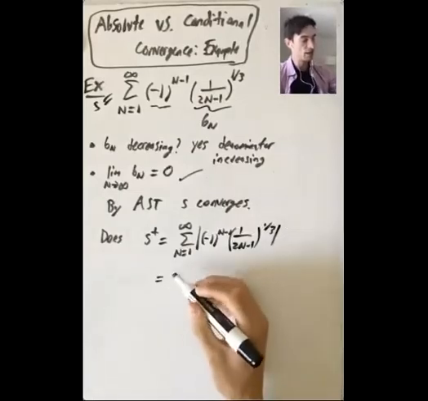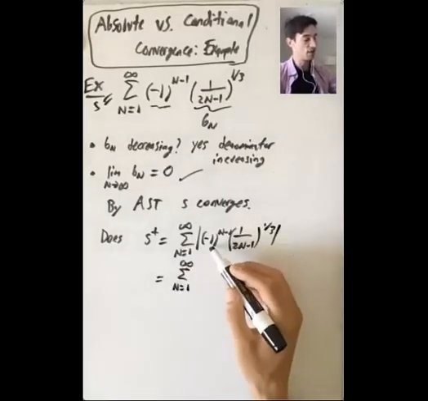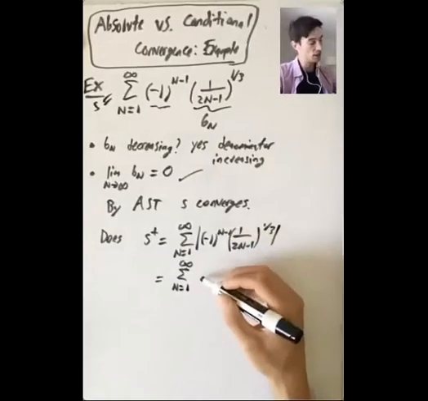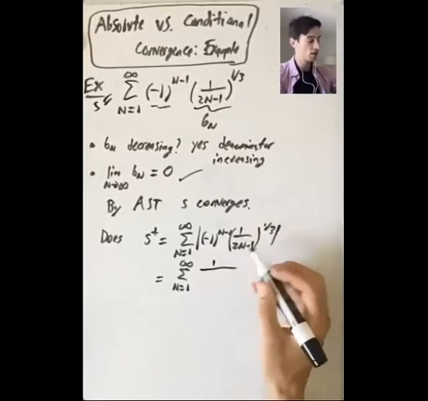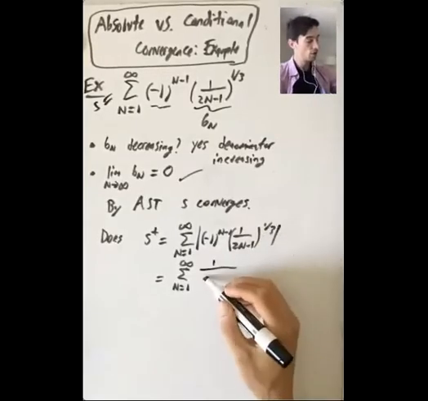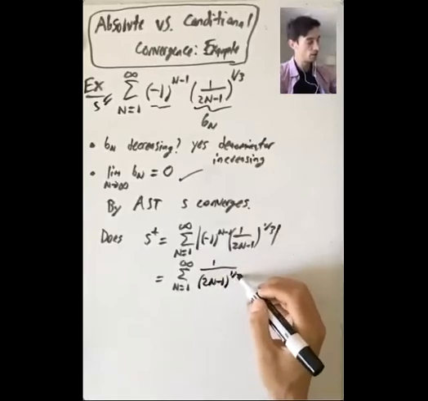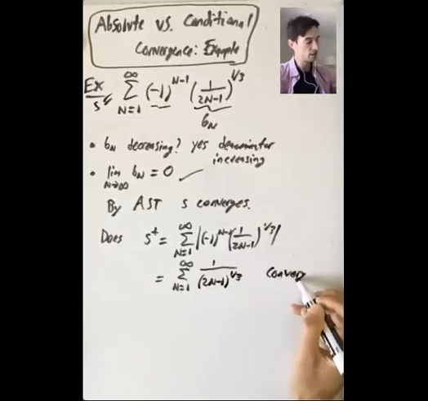And we can rewrite this a little bit. What does the absolute value do? It's just taking this (-1)^(n-1) and turning it into 1. And we can write it as the sum of 1 over (2n-1)^(1/3). So the question is, does this series converge?